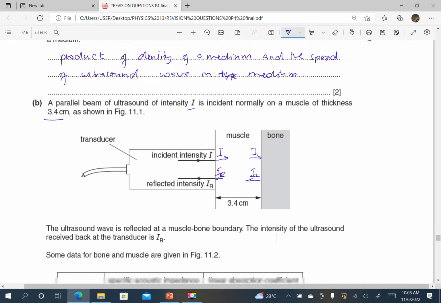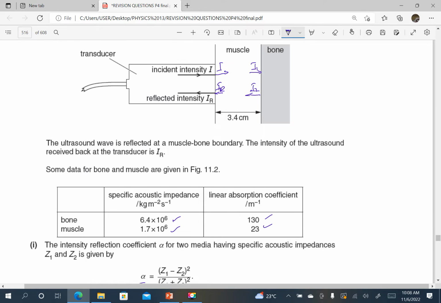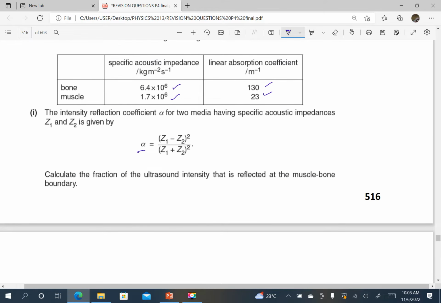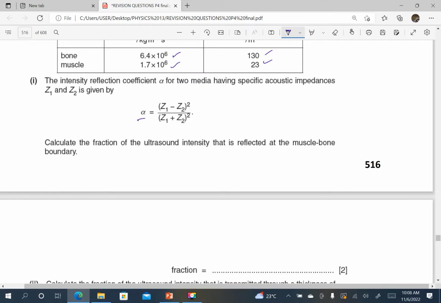At the boundary we want I2 over I1. So we simply say I2 over I1 is the same as alpha, which is (Z1 minus Z2) over (Z1 plus Z2), all squared. Because the powers of 10 are the same, I may not include the powers.